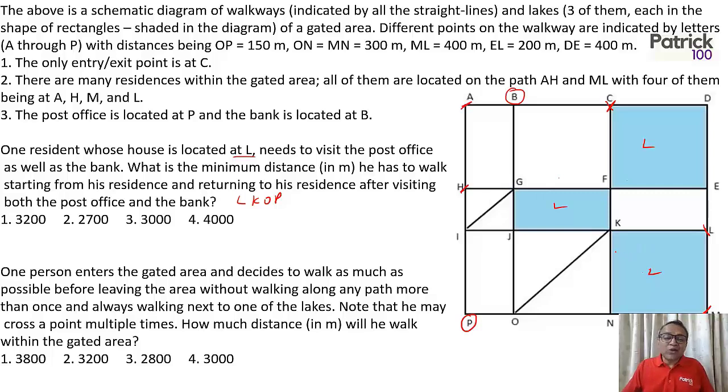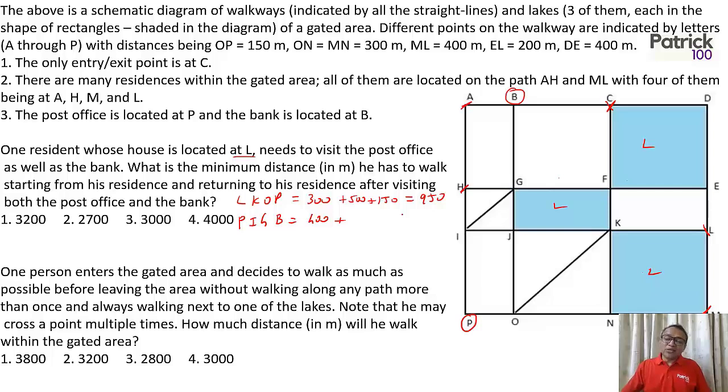So I know KL is 300, which equals MN. For KO, KN is 400 and NO is 300; 300, 400 by Pythagoras theorem becomes 500. So KO is 500, and you know 150, so this becomes 950 from K to P. Now P to B: I take PI, again taking a slant GI and B. PI is 400.